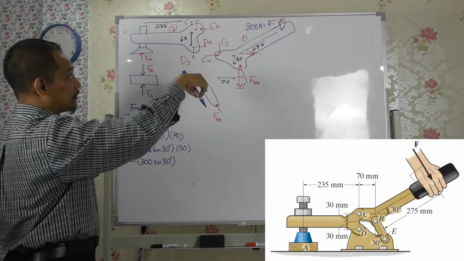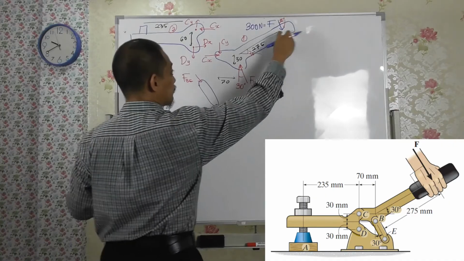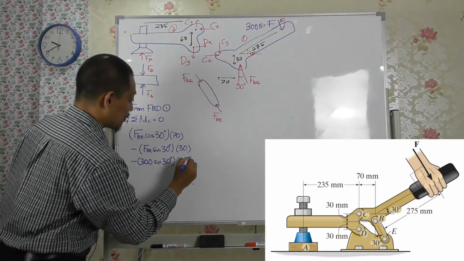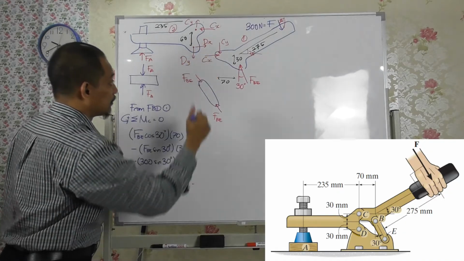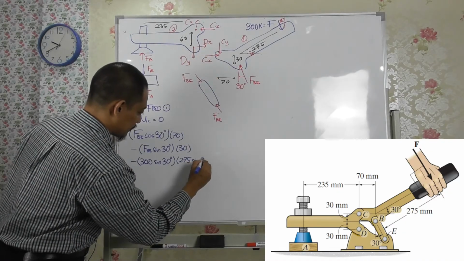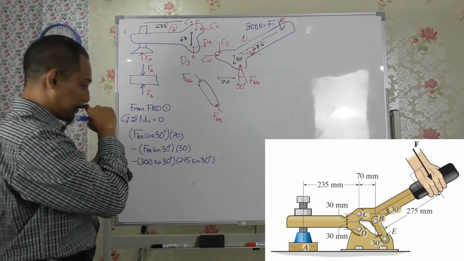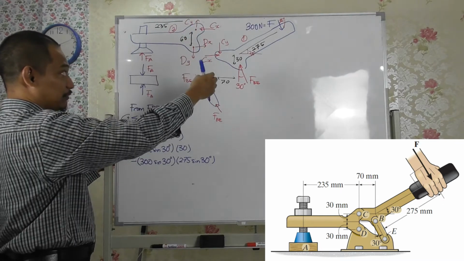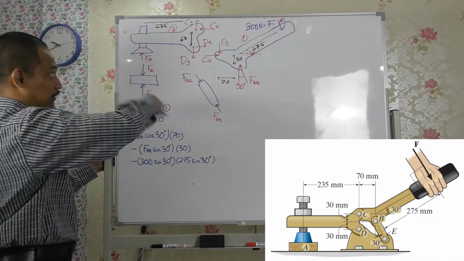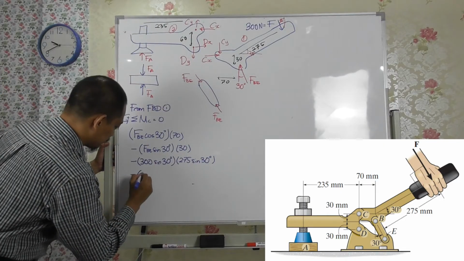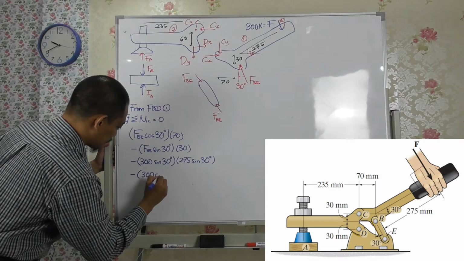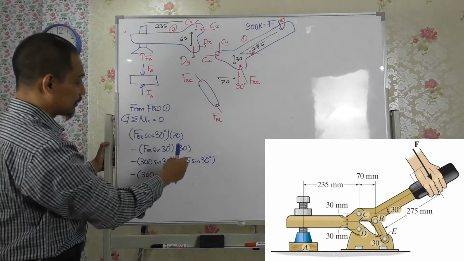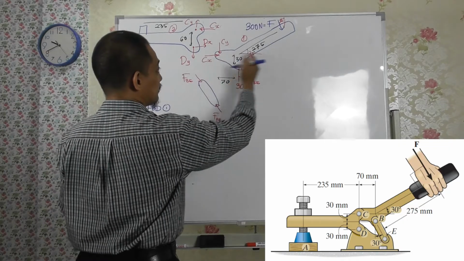The distance will be this height here, which is 275, the height. And then taking the vertical component of that force going down, it is another clockwise, so minus again, 300 cos 30 degrees, that becomes the vertical, and then the distance is the whole thing here.